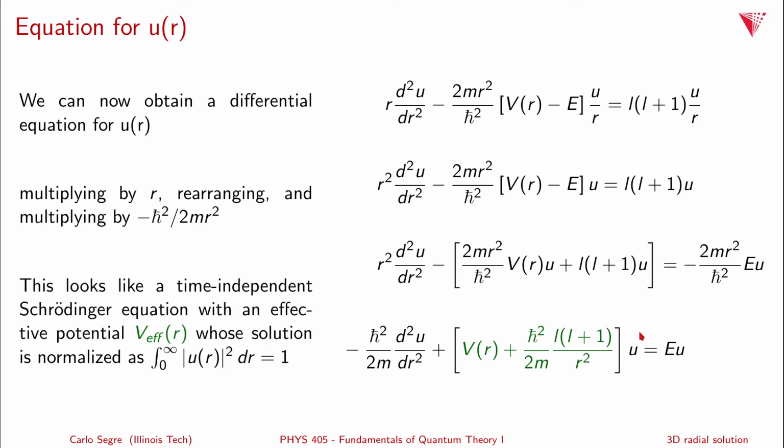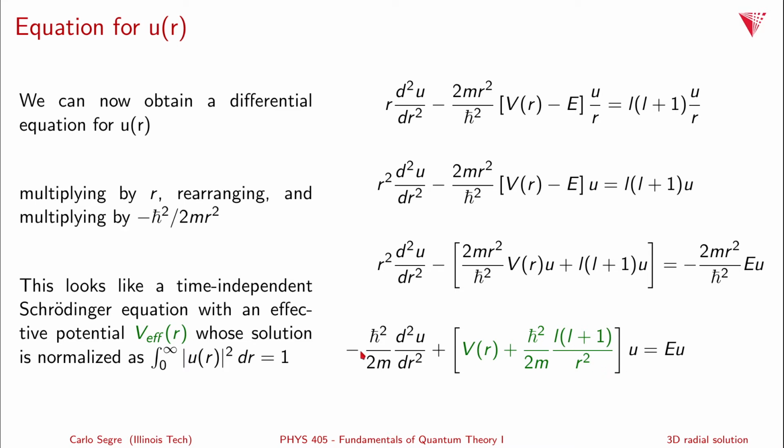And this is nothing more than a time-independent, one-dimensional Schrödinger equation for u with an effective potential V effective of r in green, which contains two terms. It has the regular potential V of r, but then it has this additional term, h bar squared over 2m L(L+1) over r squared, which is also a central potential. And of course, that's equal to an energy E.